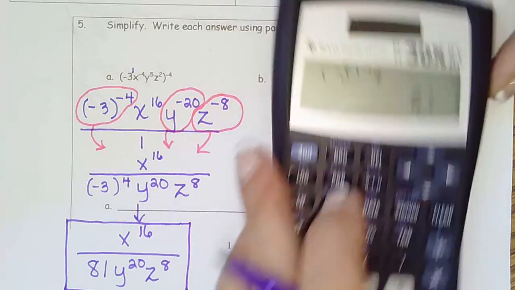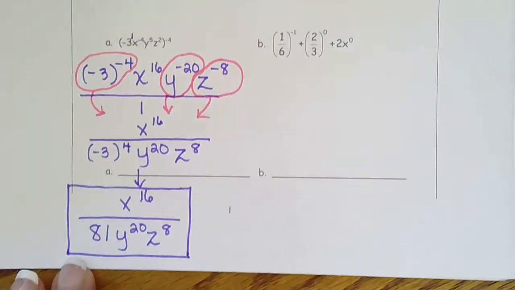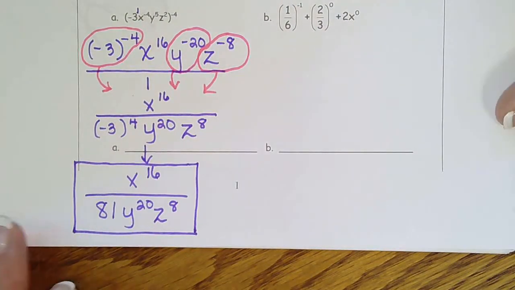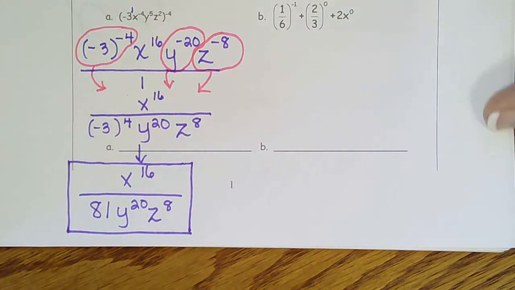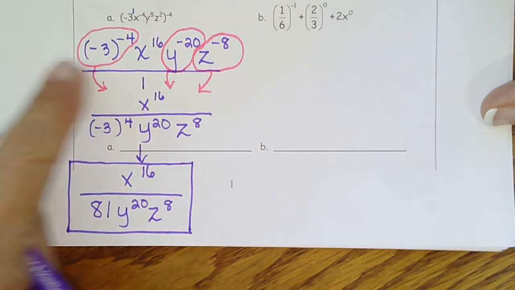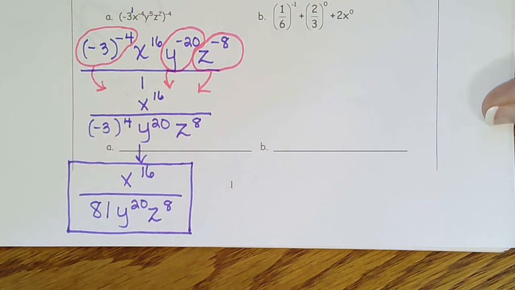And there we have it. So that is the first part of 5A's answer. Okay, so it uses the power rule, it uses the negative exponent rule, and I think that's it.